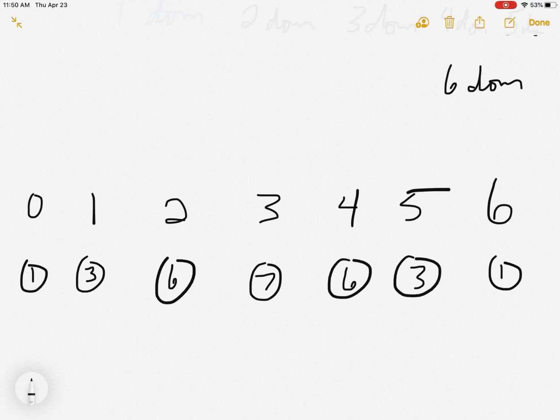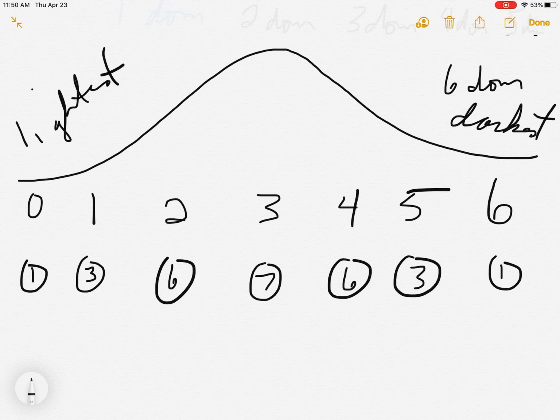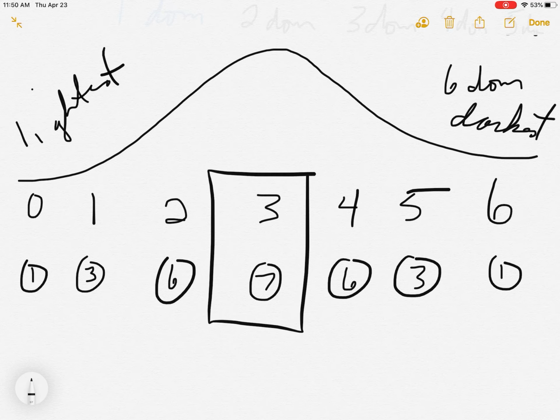There's about 6 different ways to get this. There's about 7 different ways to get that. There's 6 different ways to get this, and there's 3 different ways to get that. Which means if you draw it in a graph form, you can see how the numbers get bigger in the middle like this. And this would be lightest skin tone, and over here would be darkest.